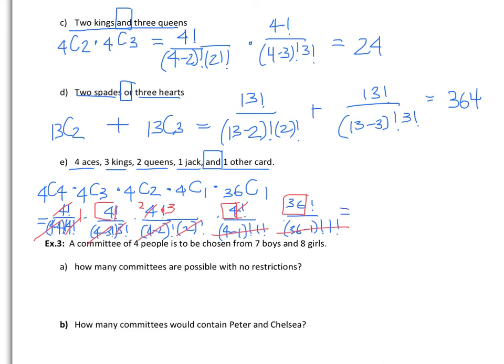So when I'm typing this into a calculator, I could either type in this line, which is fine, I could type in this line, or I can type in 4 times 2 times 3 times 4 times 36, which is equal to 3,456.